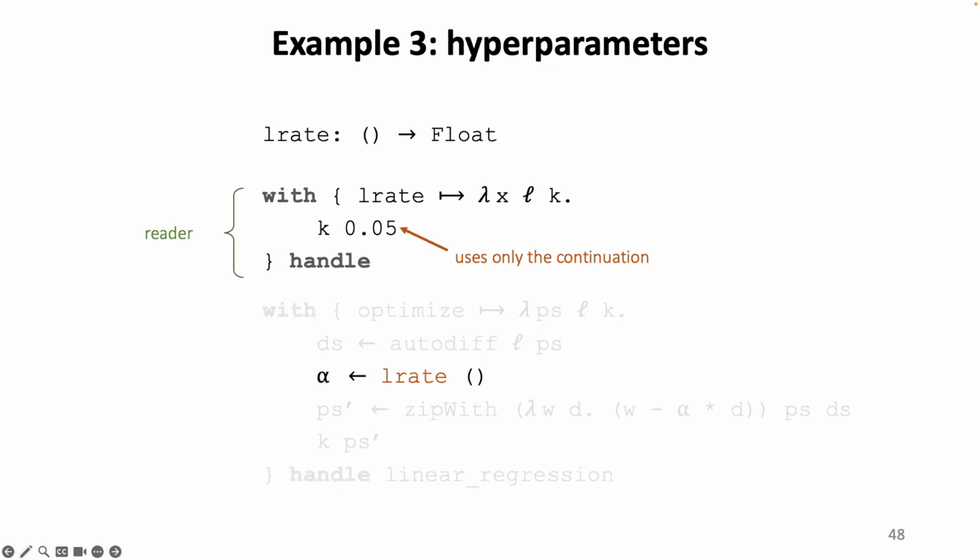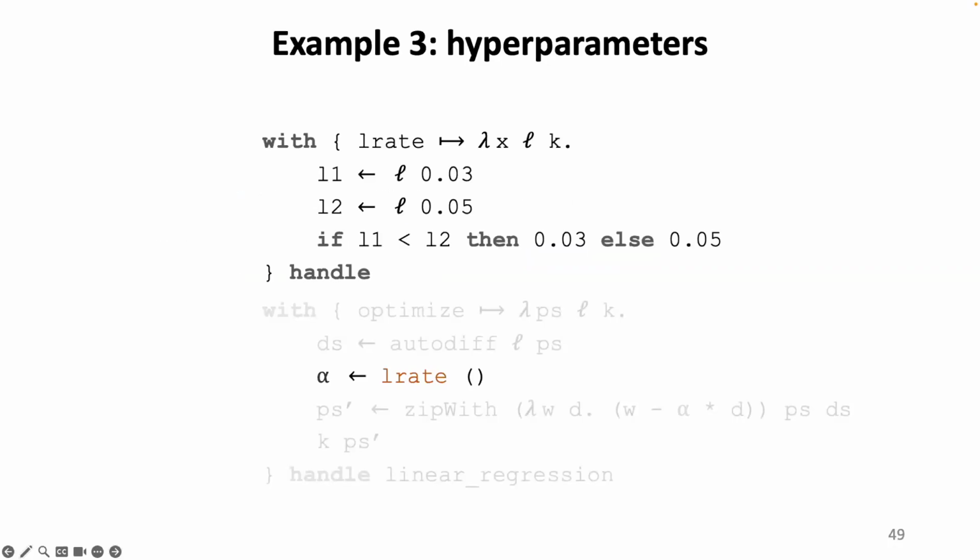A more interesting handler in this case would be one that performs what people call hyperparameter tuning. That basically means we would resume the loss continuation multiple times, in this case maybe with 0.03 and 0.05 respectively, and we compare the loss values we get from these two loss continuations. Depending on which one is smaller, we would return the better hyperparameter.